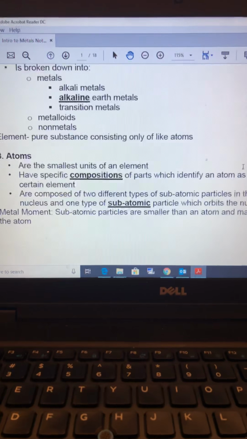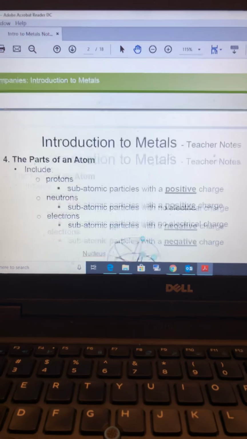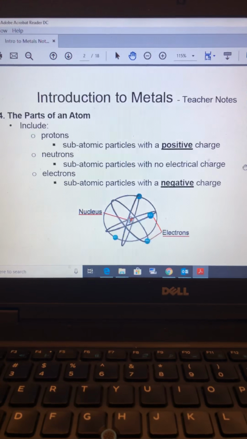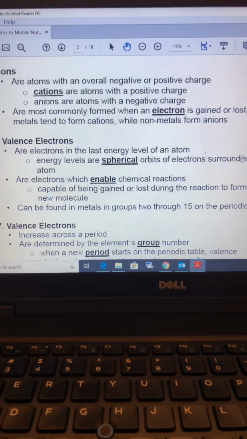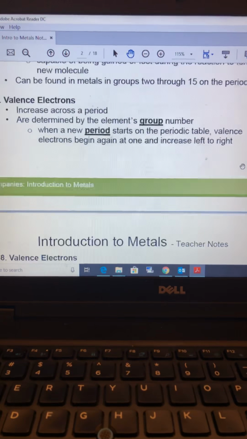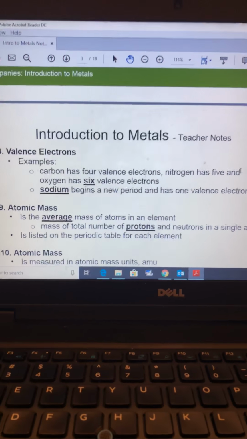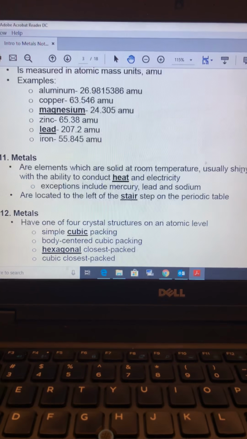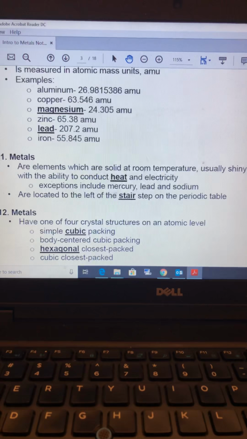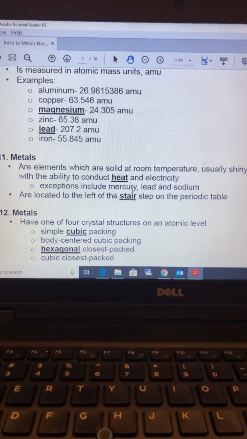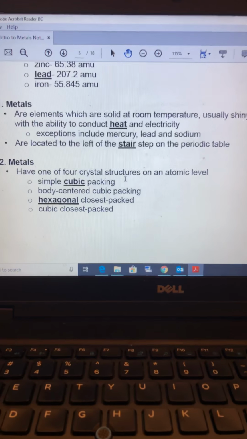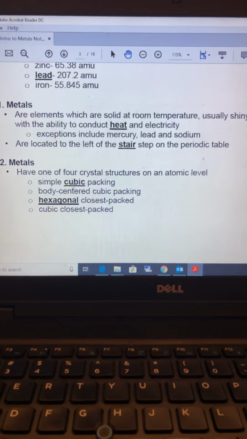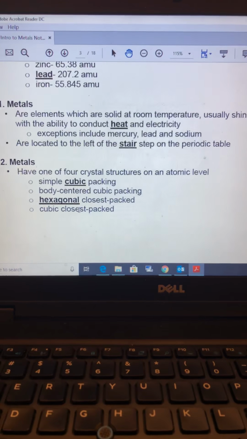I'm going to scroll through. Y'all are more than welcome to look through this. Hey, maybe it'll help you with your chemistry. Here's something that is both chemistry and metallurgy. When we talk about these crystalline structures, here are the different crystalline structures at the atomic level.